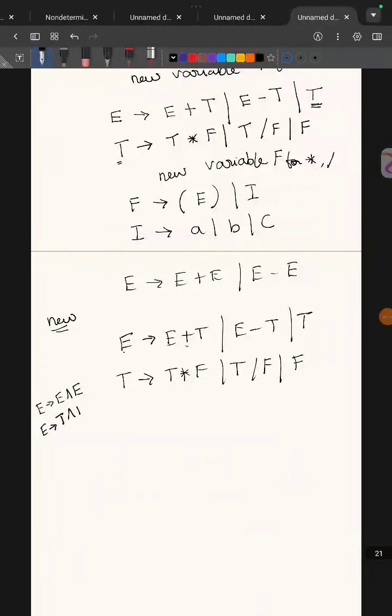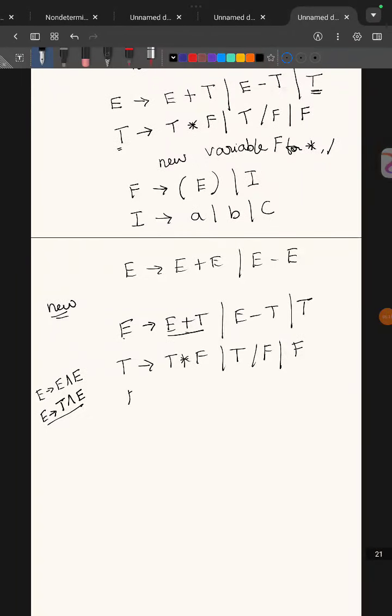Because it is right associativity, you have to change it like this: T caps E, not E plus T like this. Remember that this is right associativity and this is left associativity.